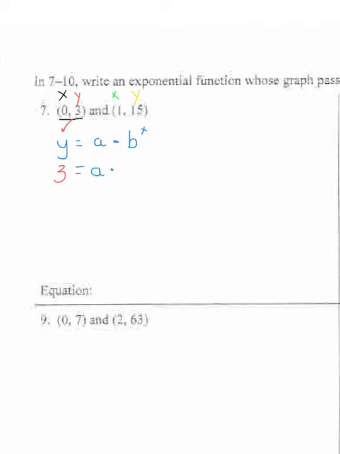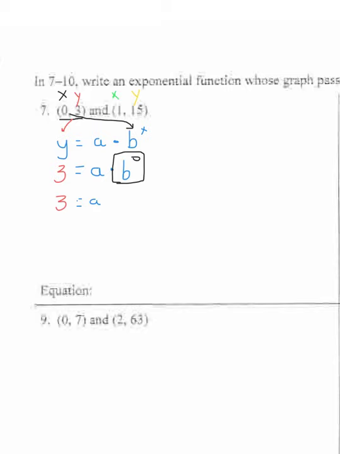A times b, we don't know b yet. And then x. X is 0. Remember, anything to the exponent of 0 is 1. So b to the 0 is 1. A times 1 is just a. So we'll end up having a equals 3.